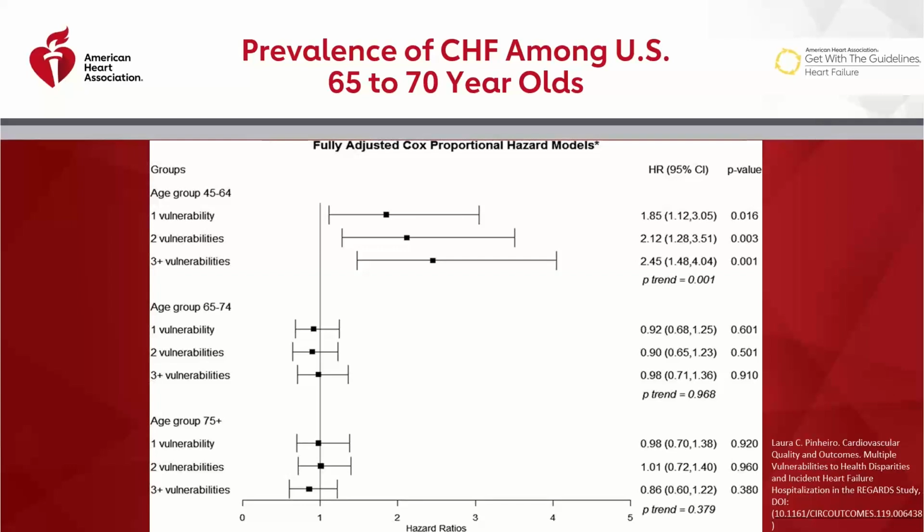And this is particularly true as we look at the younger age group, 45 to 64, where the likelihood of those individuals developing heart failure was much higher, depending on their degree of social vulnerability. And so it's, again, incumbent upon us to understand and to recognize the importance of social determinants of health.